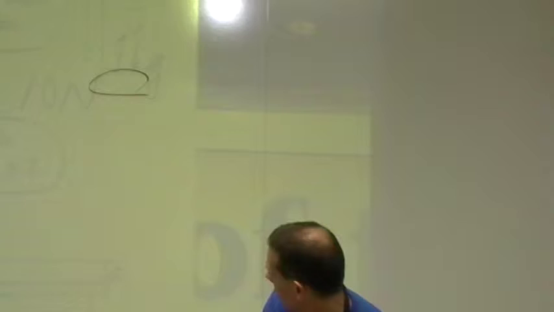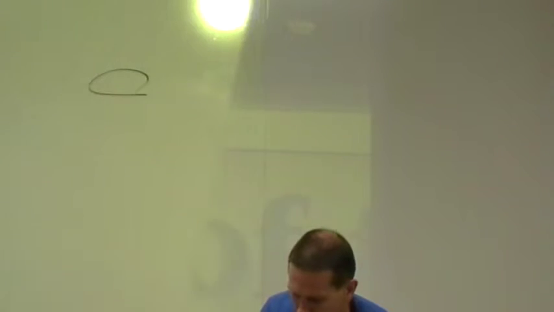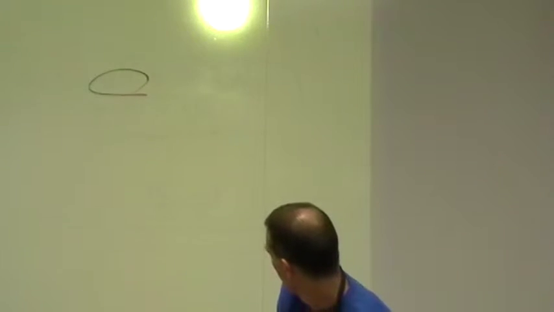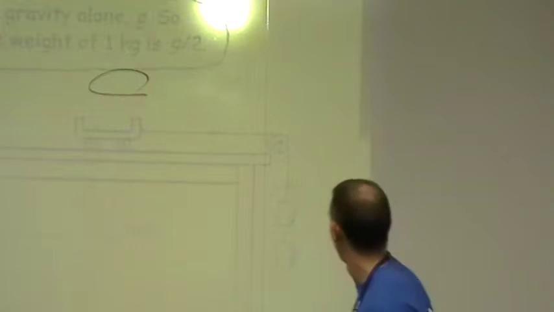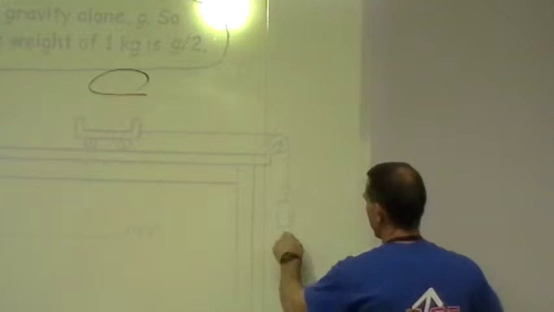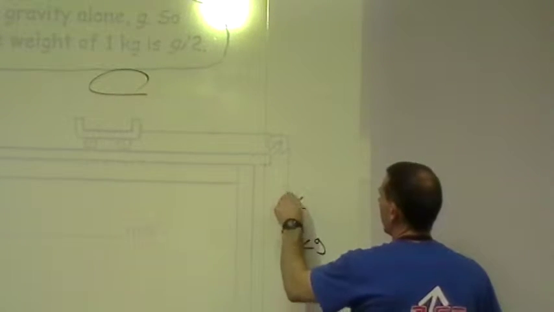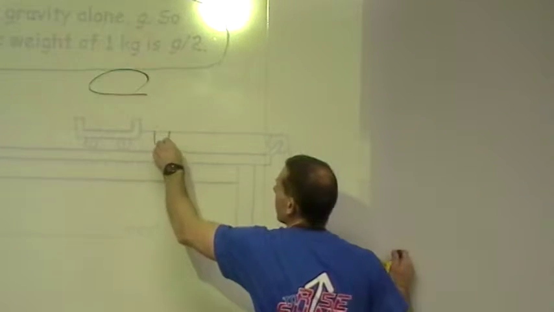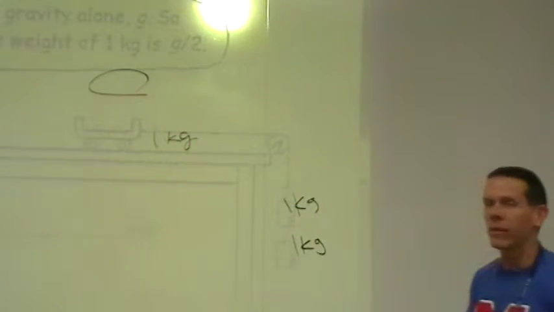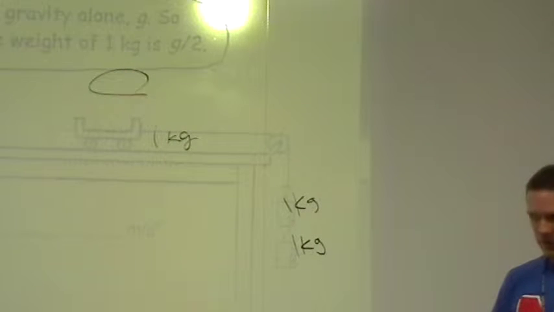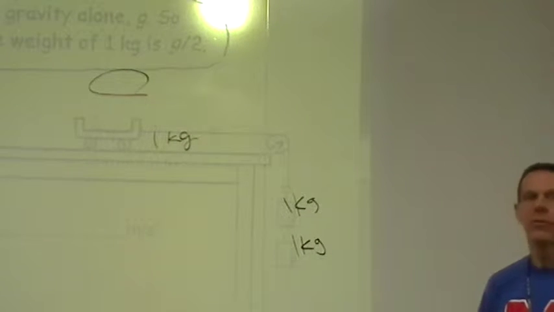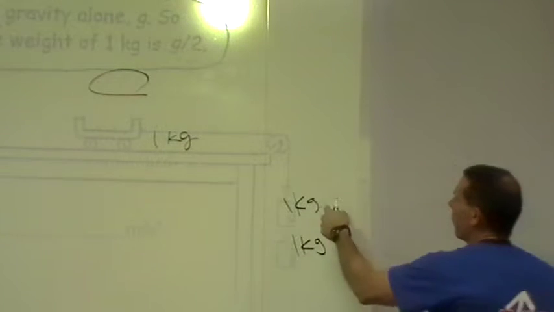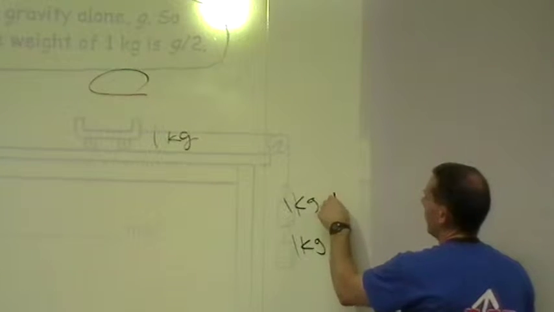So they gave you another example down here, where two objects are hanging down here now. So 1 kilogram here, 1 kilogram there, and 1 kilogram up there. Acceleration equals net force divided by mass. How much force is this thing exerting? 10 newtons.